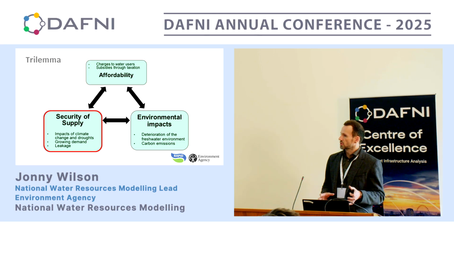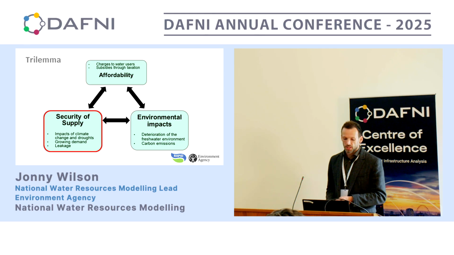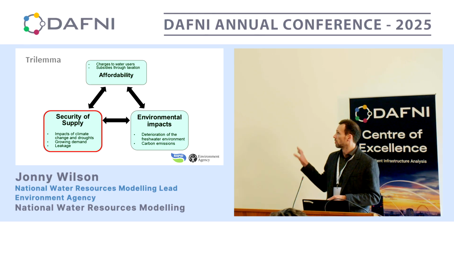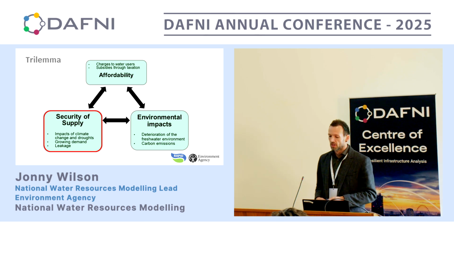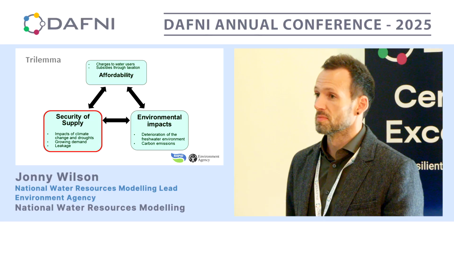And then we've also got the security of supply aspect, and that's the idea of making sure that obviously there's enough water in taps and that the supply network is resilient to pressures like climate change, population growth, leakage, growing demands. So ideally we'd have a model that did all of that in one, some kind of holistic approach, but we're not there yet. That's part of our long-term goal.